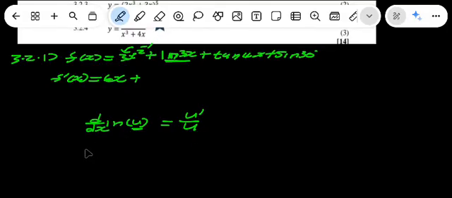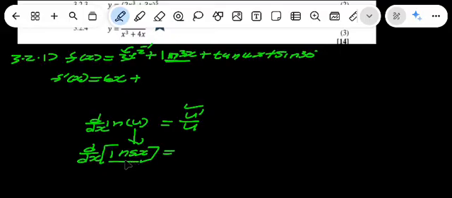For example, if you differentiate ln 5x, the inside is u, and u prime is the derivative of the inside, which is 5.